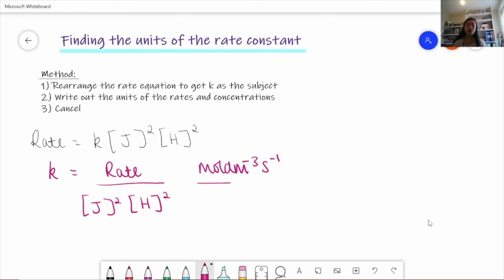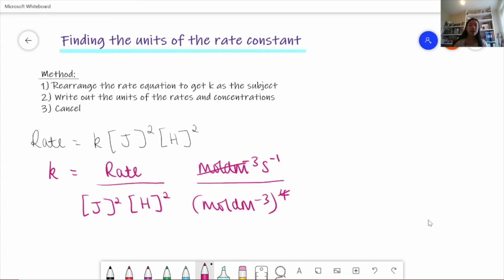And then on the bottom, we have 4 concentrations. Well, a concentration to the power of 4. So we would have moles per decimeters cubed, but that would be to the power of 4. So now you can start cancelling stuff out. I can cancel this moles per decimeters cubed out. I can cancel one of these to make 3.